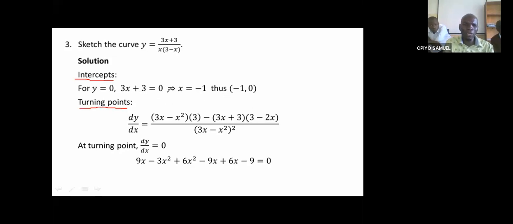So we are differentiating y equals to 3x plus 3 over x into 3 minus x.